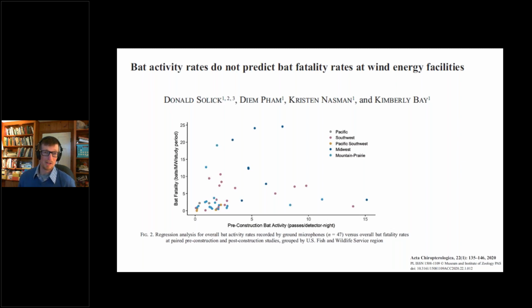It doesn't seem that there are too many places, any places really in North America, that you can safely build a wind farm without any concern over potential impacts to bats. There are certainly regional patterns in where fatality rates are higher and lower, but there are by no means data available now to suggest that there are places without activity of bats.